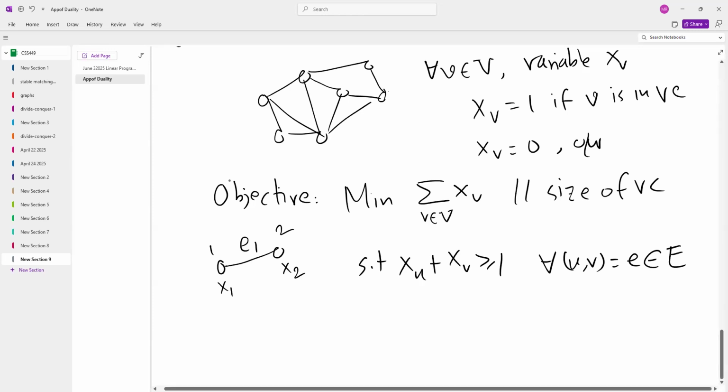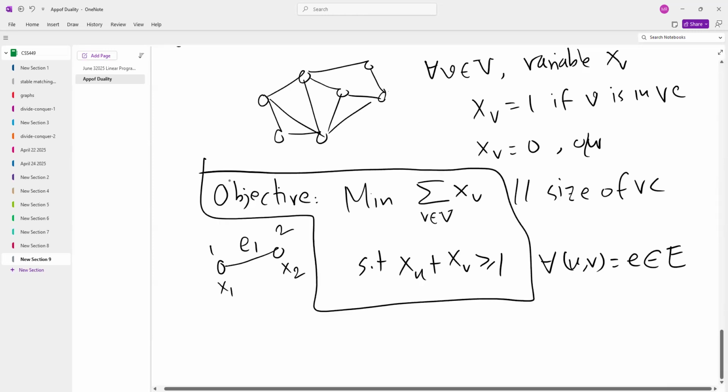And now that's your linear program for vertex cover, a very simple linear program. But we have this constraint that each xv has to be 0 or 1, and that's why this is called an integer linear program, or an ILP.